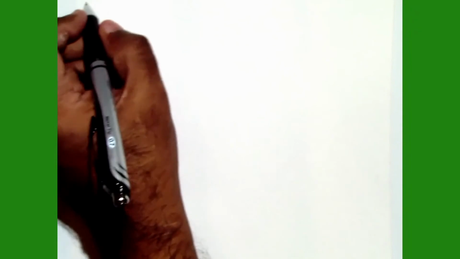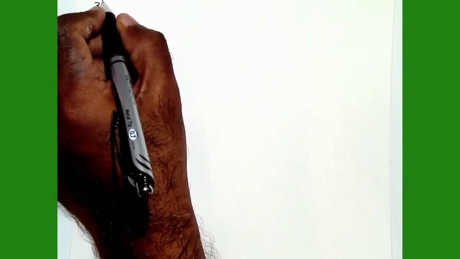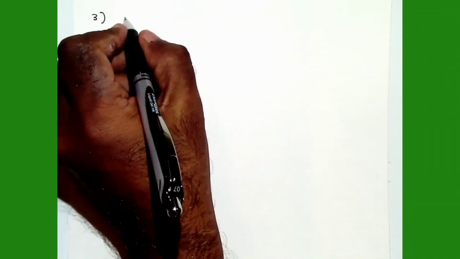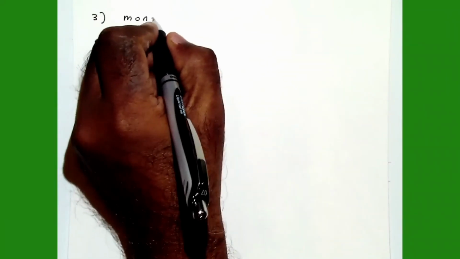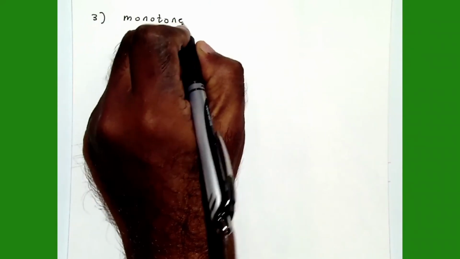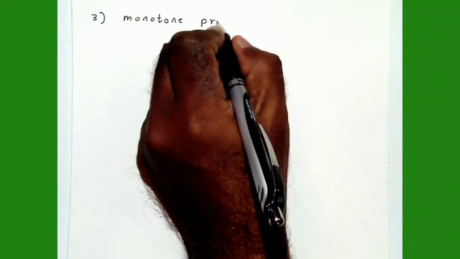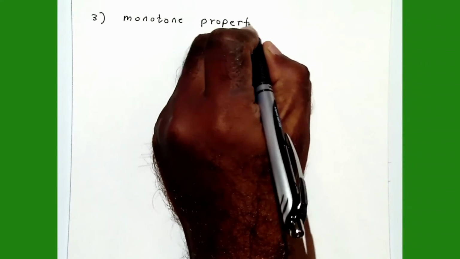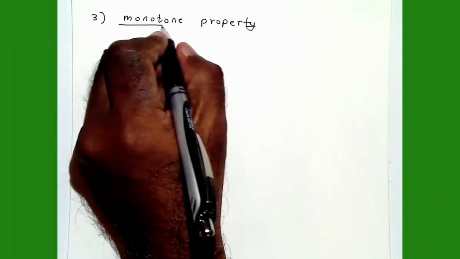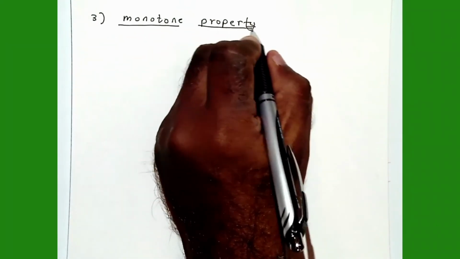Now the third property is the monotonicity property or monotonic property. All right.